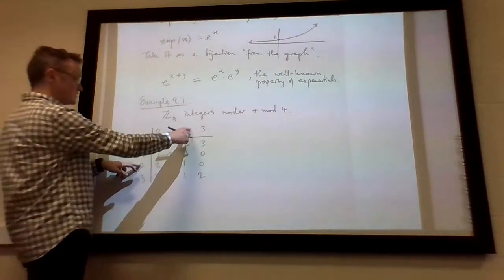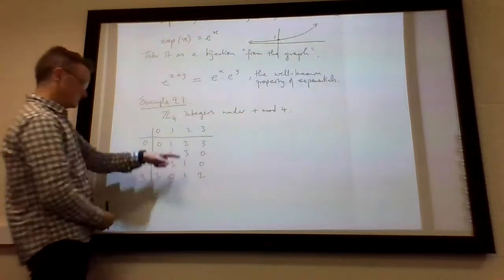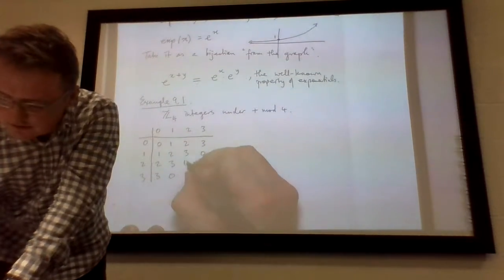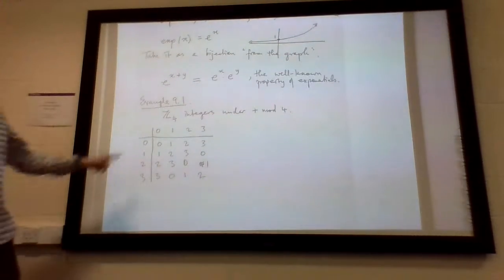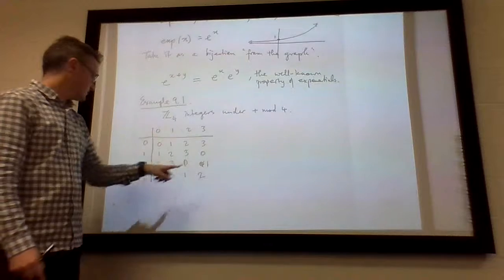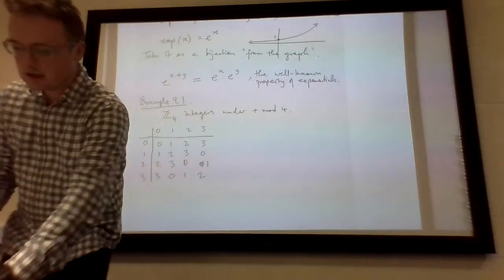So that's everything going on in that group. Take two elements, add them. 2, 3, 0, 1. So I should say 1, 2, 3, 0, 1, 2, 3, 0, 1, 2, 3, 0. So that's the group Z4 under addition mod 4.